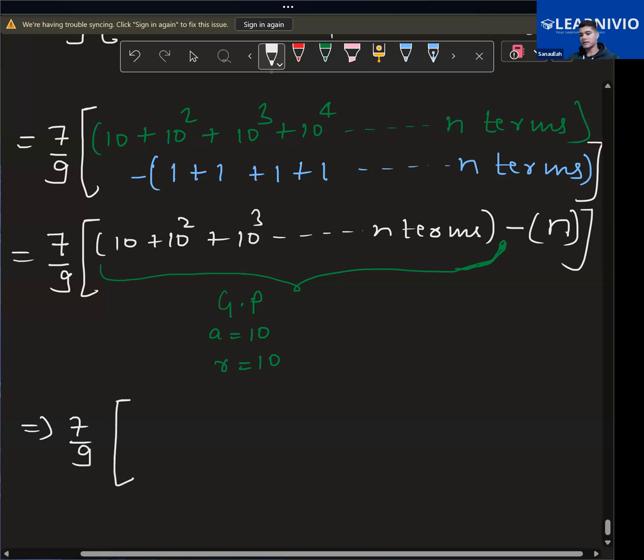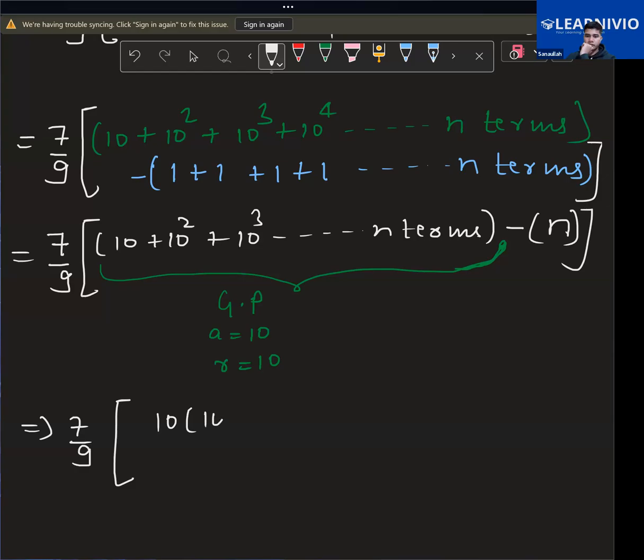What is the formula for sum in case of geometric progression? Sir, it is A into R to the N minus 1 upon R minus 1. Okay.